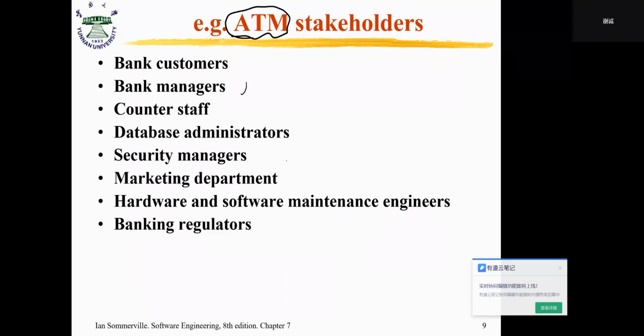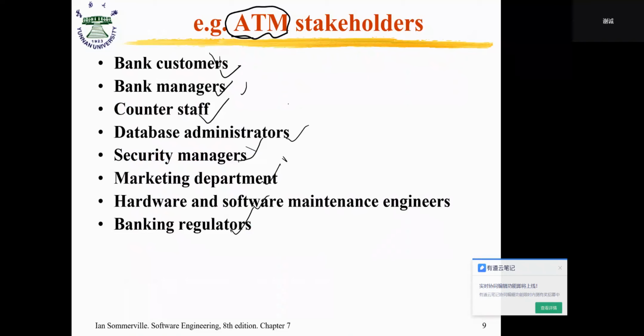You see here: the bank customer, the bank managers, account staff, database administrator, security, marketing, hardware and software maintenance engineer, and the banking regulator.